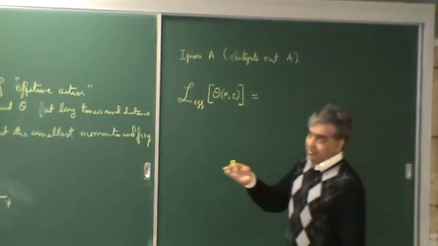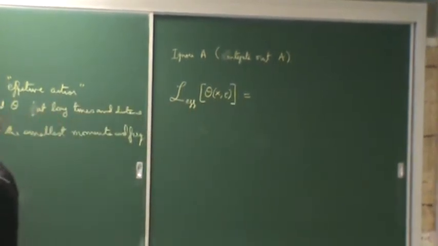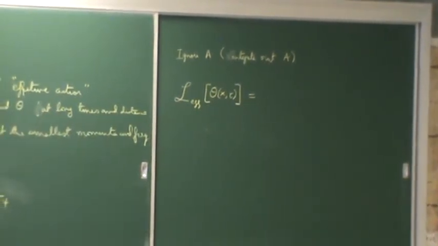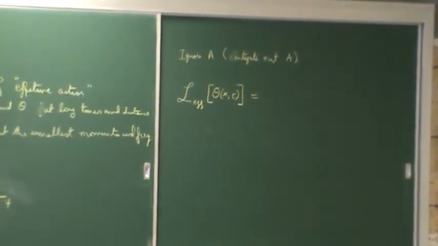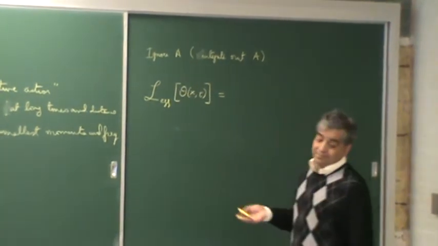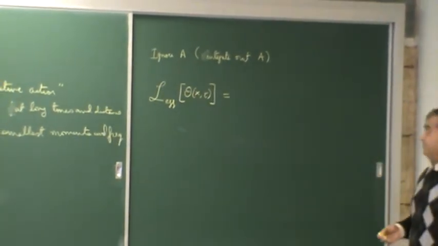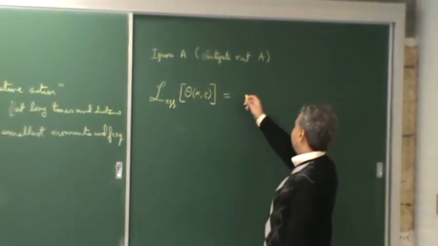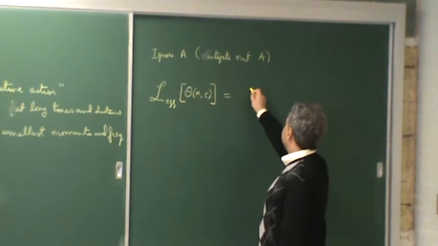Now, the theory we assume is invariant under time reversal and spatial inversion. So it can't have just one derivative of theta, one time derivative, one space derivative. So the minimum thing you can do is have two space and two time derivatives. And the only thing that's allowed is we write this way.